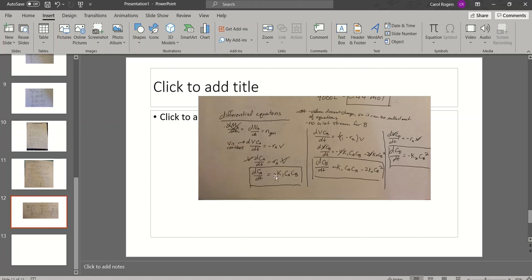So these are our new differential equations. We have to do another component mass balance. For the new component mass balance, you have to remember that the volume inside of the reactor is no longer changing, so it can be pulled out of the differential equation.